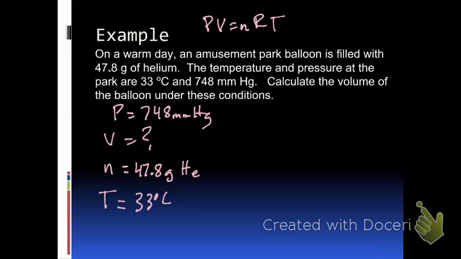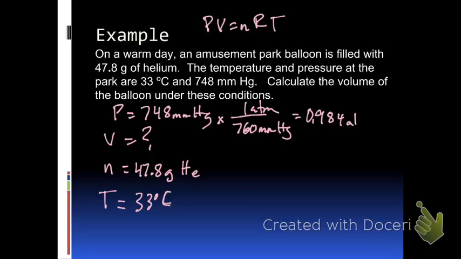So if you notice, each one of these I actually have to convert. My pressure I'm going to convert to atmospheres by dividing by 760 millimeters of mercury. 748 divided by 760 gives me 0.984 atm. The number of moles I have in grams, so I can convert to moles.